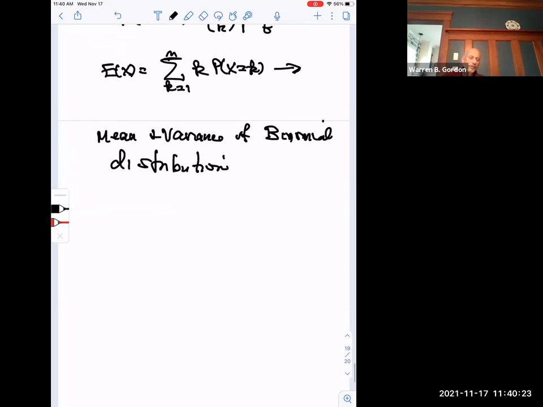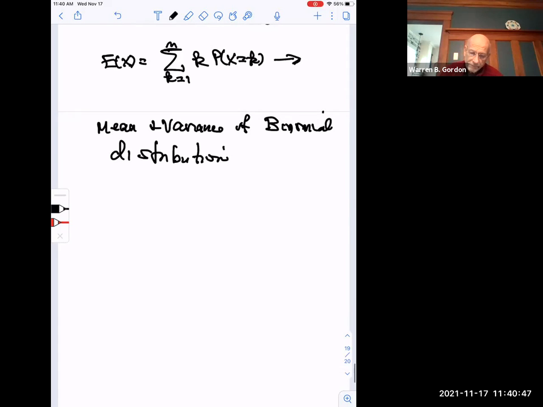There's a very clever way of doing it. We can also derive the moment generating function for this as well. I think I did this in the text for you. So why don't I do that first? The moment generating function, remember, is the expectation of e to the tx.